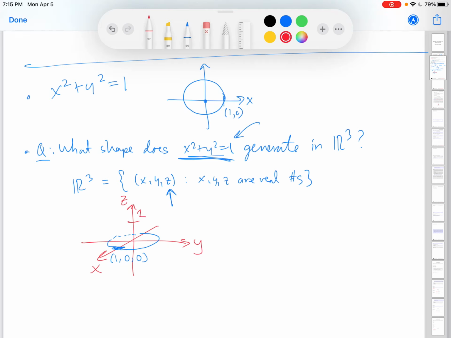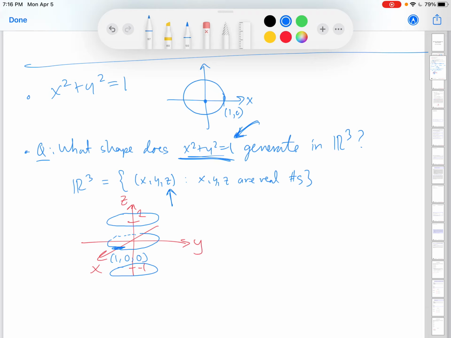There's absolutely no rule against doing this, because x squared plus y squared equals 1 doesn't have a z component. Z is left unspecified, so z can be whatever you want. I can also draw my circle down here at z equals -1, and it'll be the exact same looking circle.